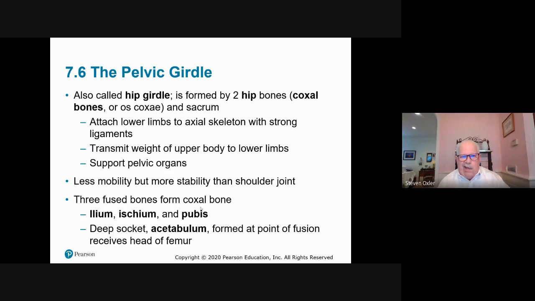The deep socket of the pelvic girdle is called the acetabulum, and it accepts the head of the femur to form the hip joint. So in the shoulder, you have the glenoid cavity, which accepts the humerus, and in the pelvic girdle, you have the acetabulum, which is a cavity in which the head of the femur sits. That's your hip joint.